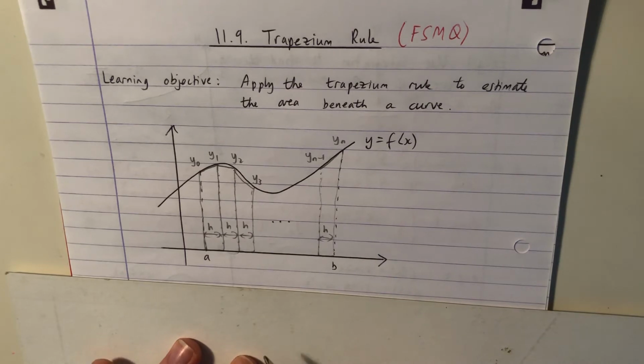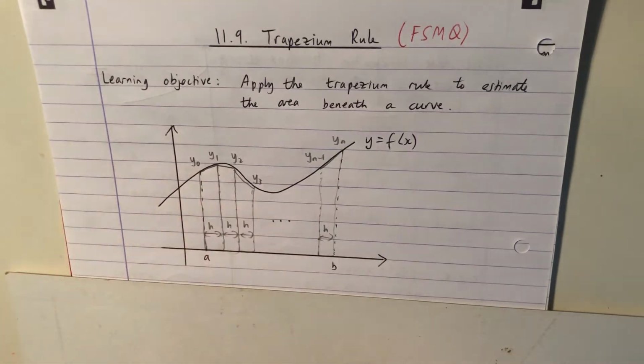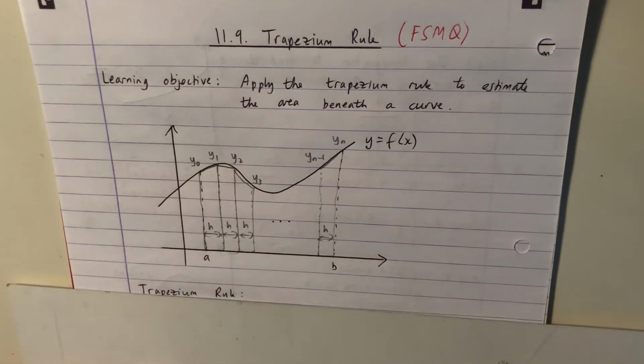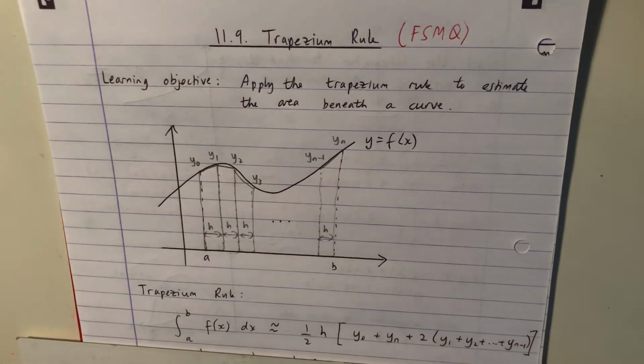And the trapezium rule just says you add these up. Okay, but rather than do them all separately, one at a time, it can be summarized into this rule, which is integrating between a and b, some function or any function with respect to x is approximately equal to a half times h.